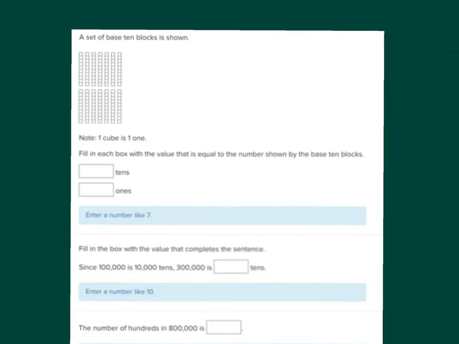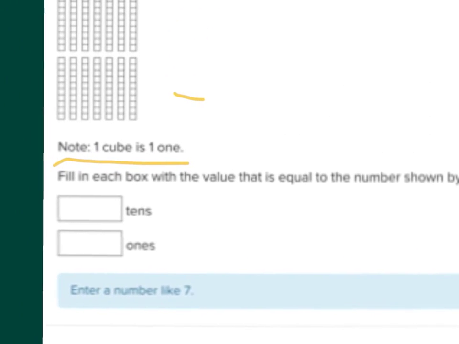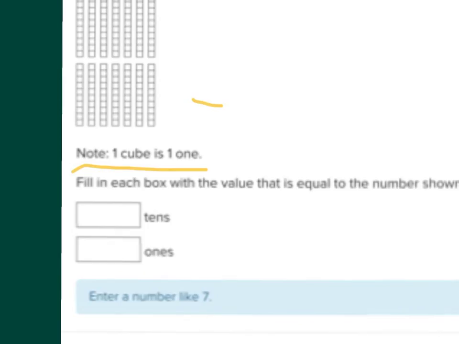Next, another set of base 10 blocks. All right, so each little square is worth 1. Says that right here. Fill in each box with the value that's equal to the number shown by the base 10 blocks. How many tens? Each strip is worth 10. So we've got 1 ten, 2, 3, 4, 5, 6, 7.